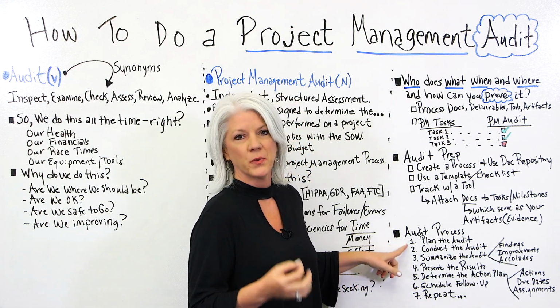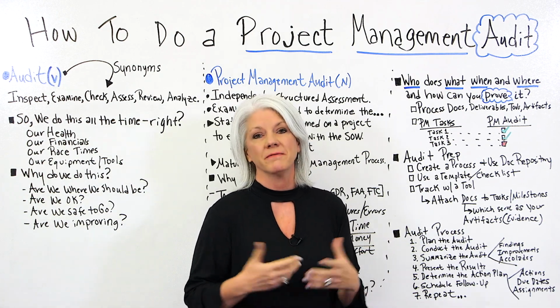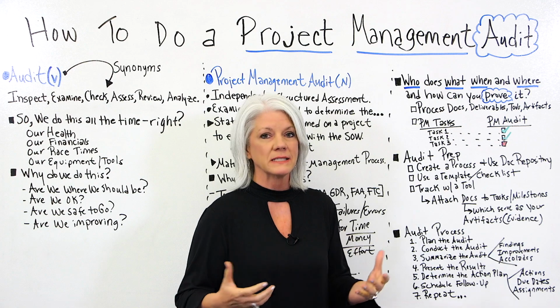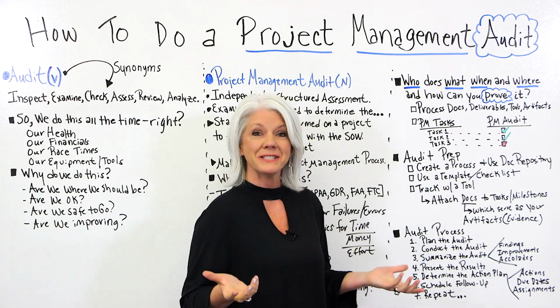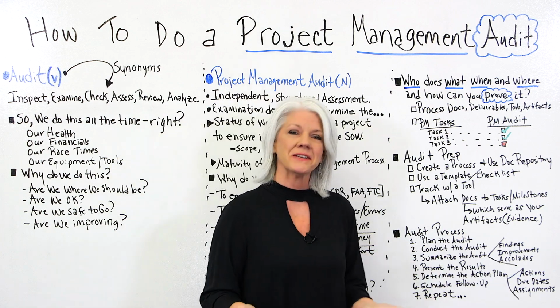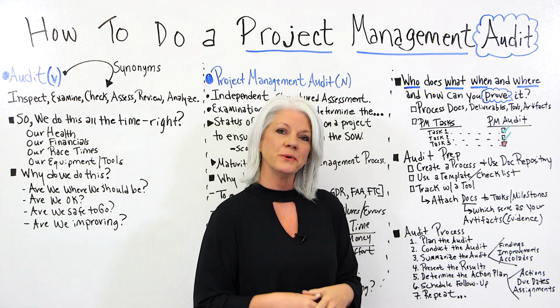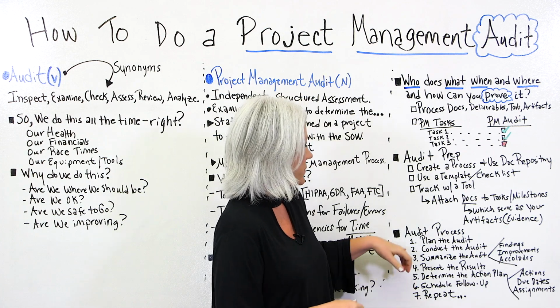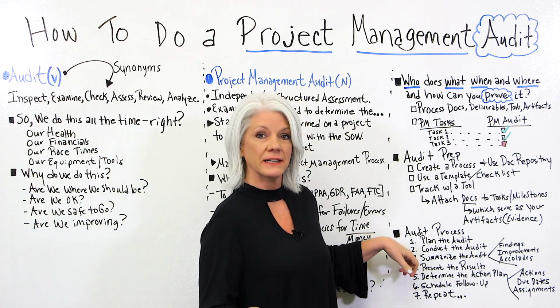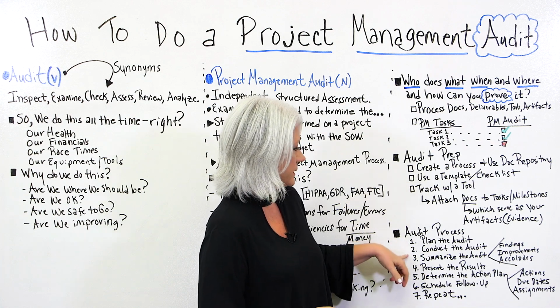So first of all, you want to plan the audit. Let everyone know who is involved in the audit or in the process or the project. Give them a heads up that this is going to be done. And again, it's not a scary thing. It's not to make anyone wrong. We're trying to improve things. Next, we want to conduct the audit, actually go through the process of the audit by doing the things we're looking at doing.